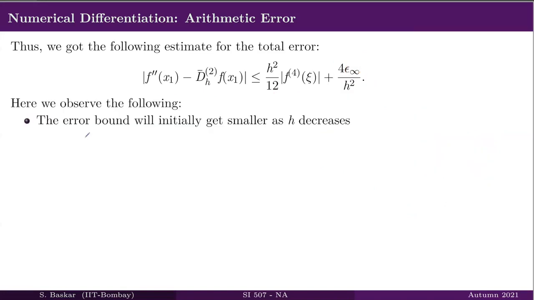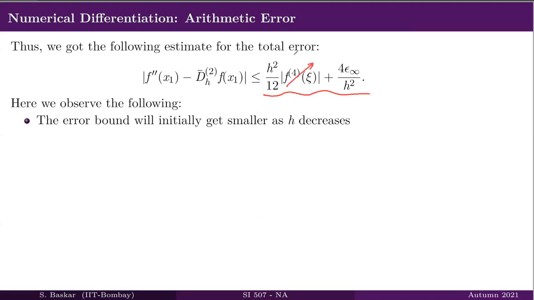So let us summarize the observations that we got from the upper bound of the total error involved in the central difference formula for f double dash. The error bound will initially get smaller and smaller as h decreases. So we are just going in the decreasing h value and seeing how this right hand side will behave.